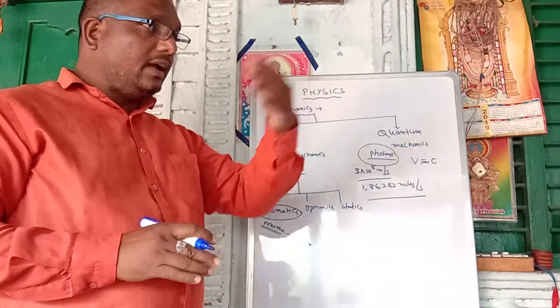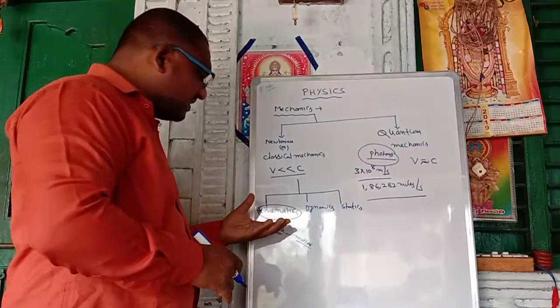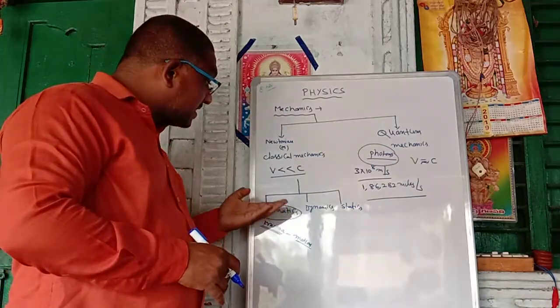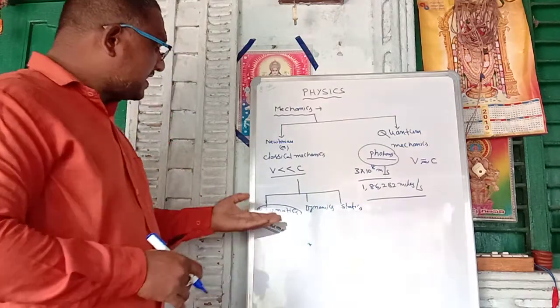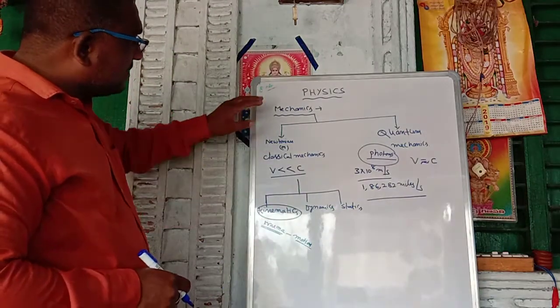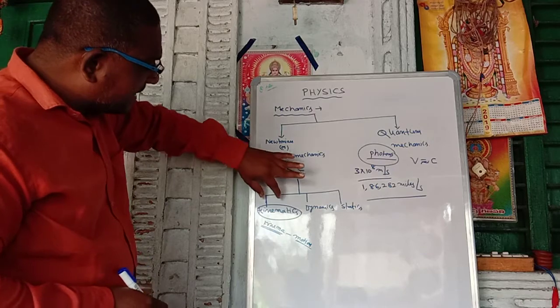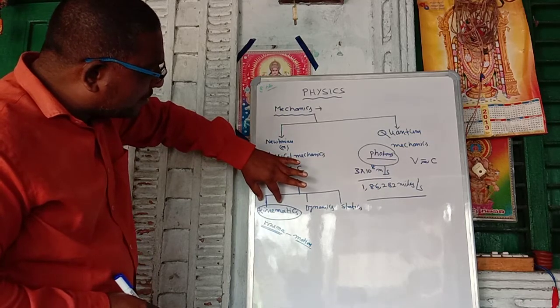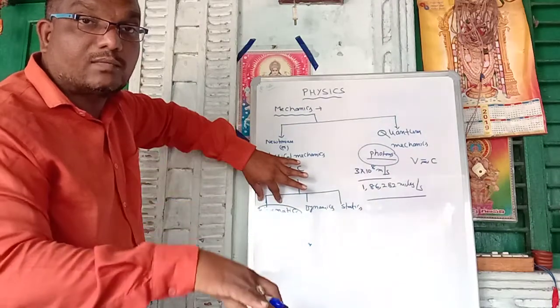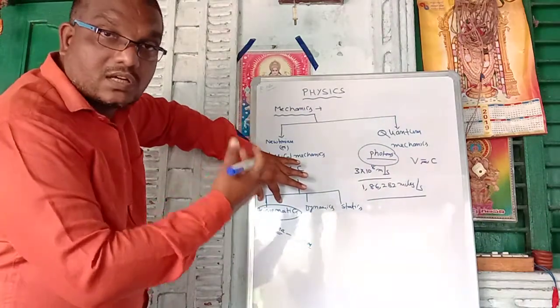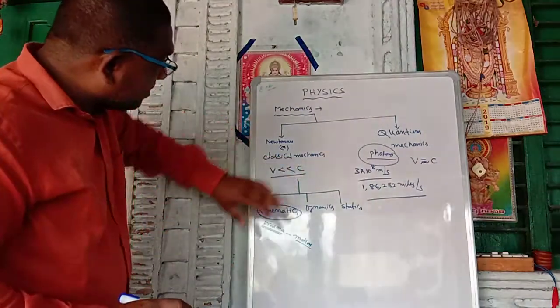Or in another way, it is defined as a mathematical study of the motion of a body. Kinematics is one of the branches of classical mechanics, and it deals with the study of the motion of bodies without considering the cause of the motion. Here force is not considered. So that is called kinematics.